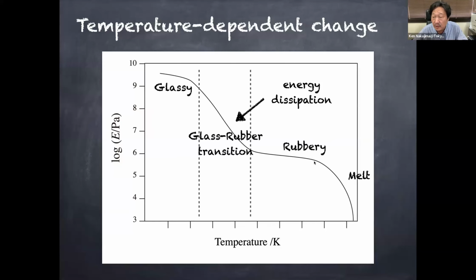And of course, the Poisson's ratio also changes from 0.5 to 0.4 or 0.3, depending on the material. And at some temperature range there is a transition range, which we call the glass-rubber transition.